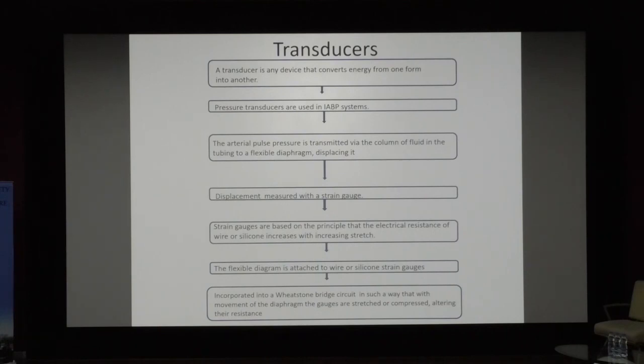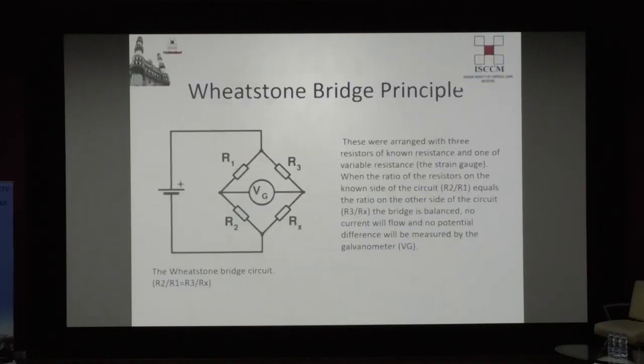This strain gauge is connected with a silicon wire, and as we stretch this wire, the resistance increases. This resistance is calculated by the Wheatstone bridge circuit. What is the Wheatstone bridge circuit? It consists of various known resistances and an unknown resistor: R1, R2, R3 and Rx. Rx is the unknown resistance.